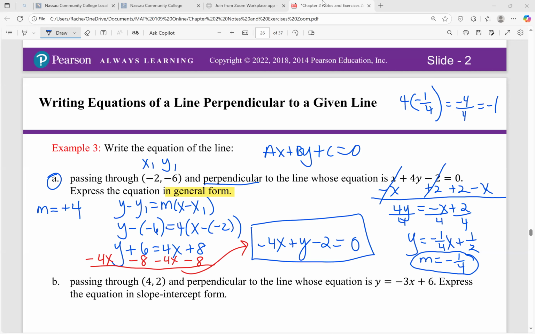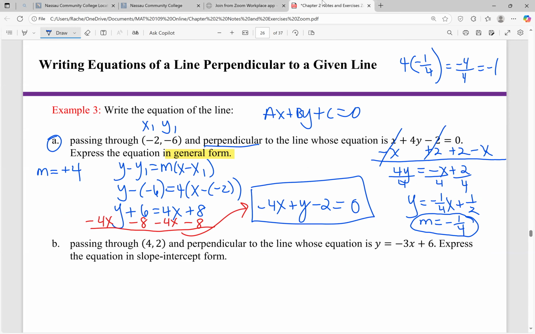And before we move on to part B, let's plot these lines so we can see that they're perpendicular. Now, in order to plot in the calculator, we have to have y equals, so we have to have it in y equals mx plus b form. So let's just look here at this step. We had y plus 6 equals 4x plus 8.